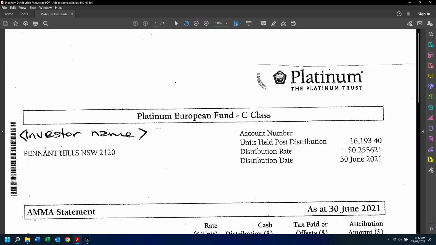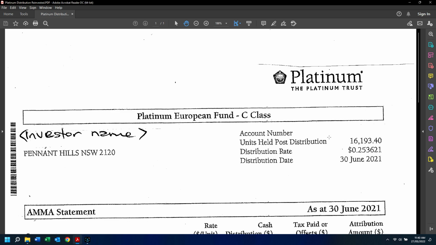One further issue that can sometimes arise with distributions and dividends is dividend reinvestment plans, and we're going to now pop on an image of a Platinum European Fund just to indicate the nature of how sometimes these reinvestments can and will be treated.